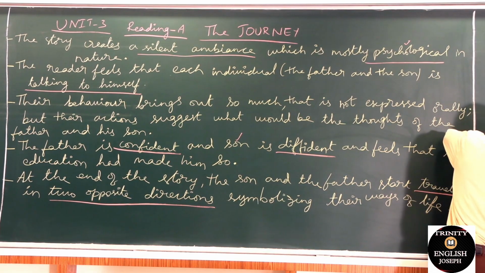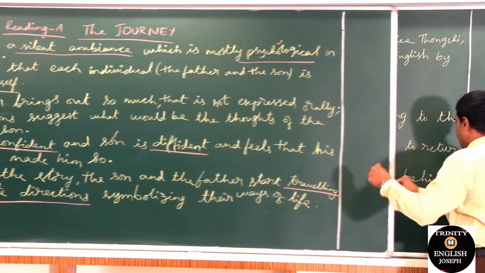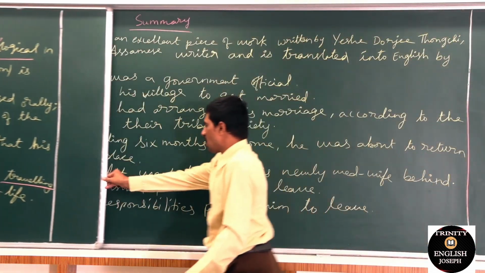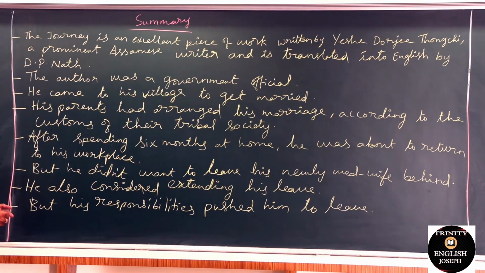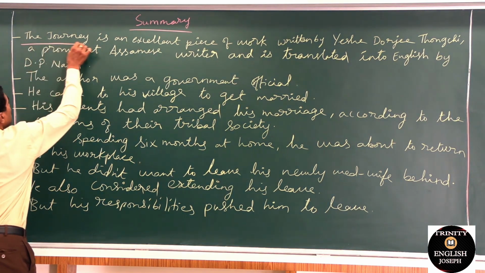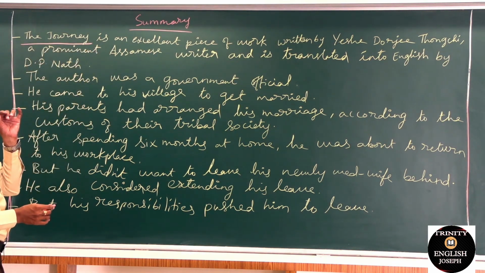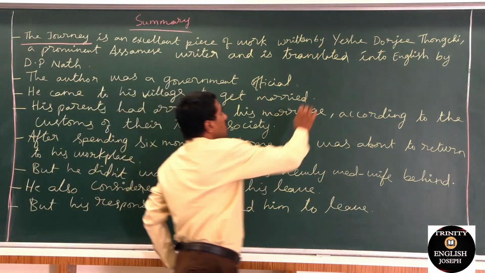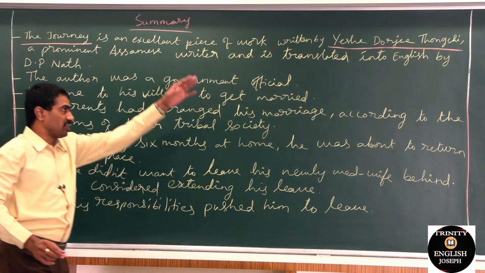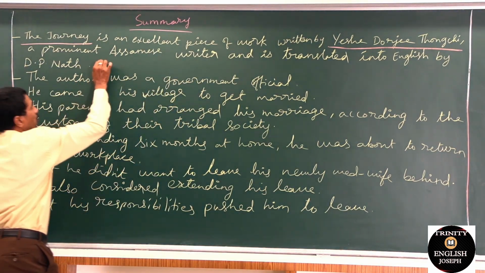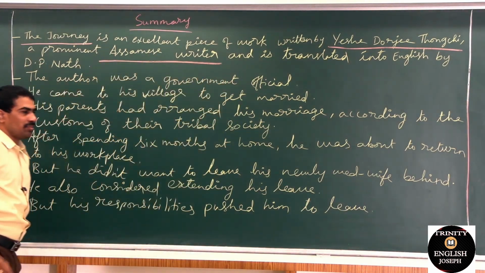See here, as we go ahead with the lesson, we also understand how something is there. Now if you look at The Journey, it is an excellent piece of work written by Yeshe Dorjee Thongchi, a prominent Assamese writer.